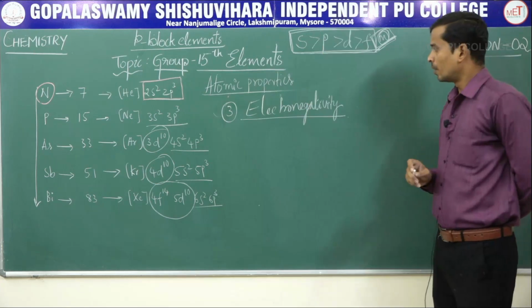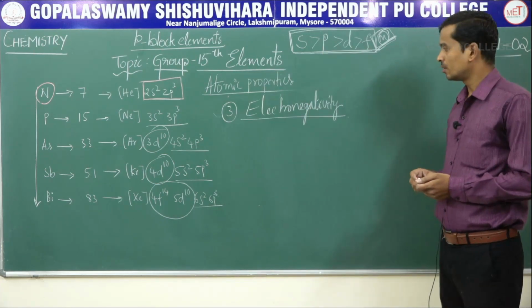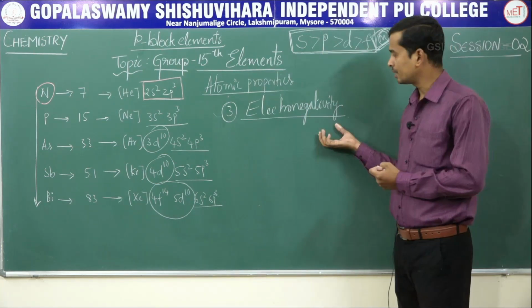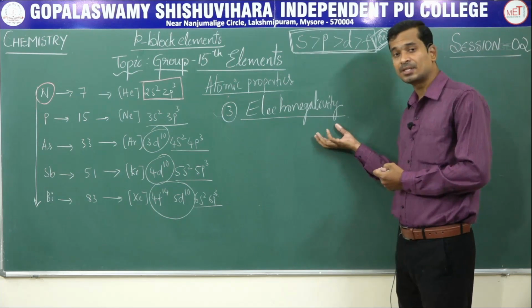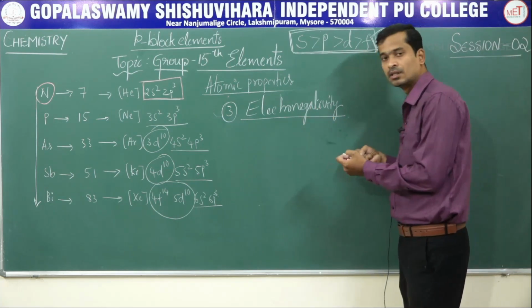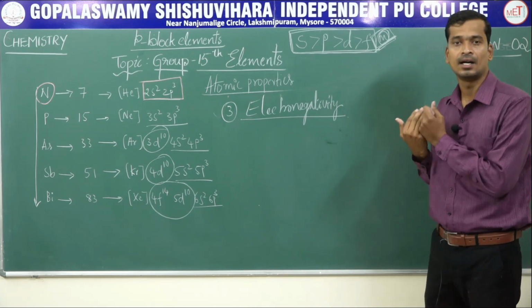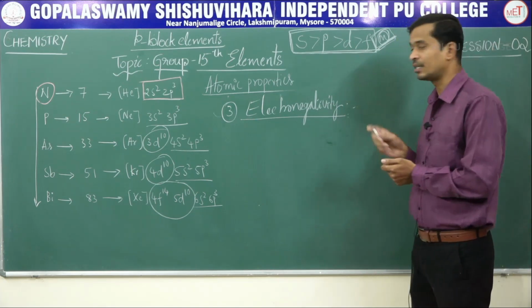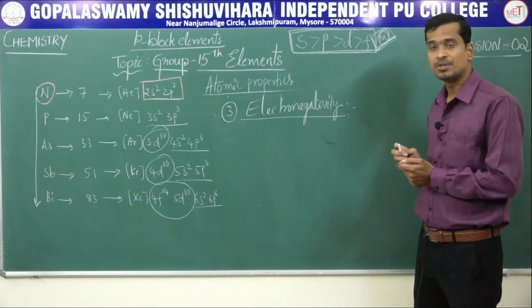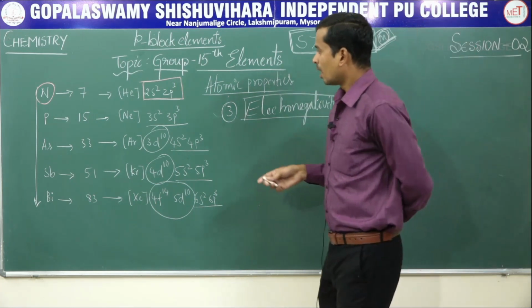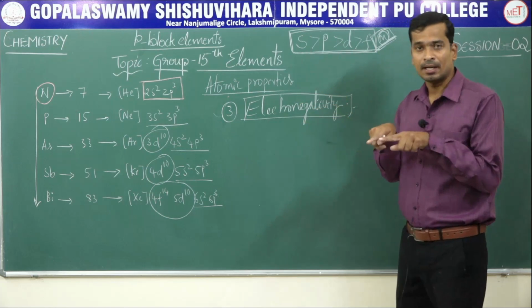electronegativity. What is meant by electronegativity? It is the tendency, ability or capacity of an atom to attract the shared pair of electrons towards itself. Already studied in your first PUC chapter. Next, how does it vary in the periodic table?